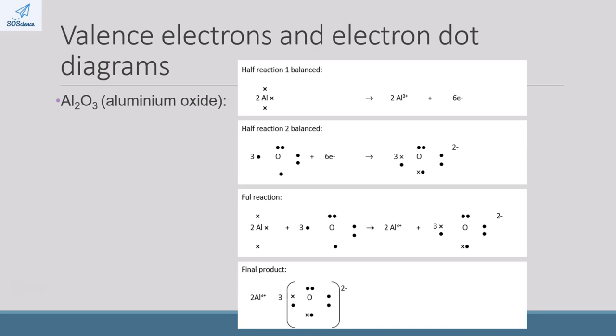Look very carefully to see if they're asking you for the Lewis notation of something that's covalently bonded, in which case you have to show sharing of electrons like we did in the last lesson. But sometimes they ask you for the Lewis notation of something that is ionically bonded, but they don't ask you to show the half reaction and the full reaction. They just want the final product. They just want the compound. You have to remember to show it like this.